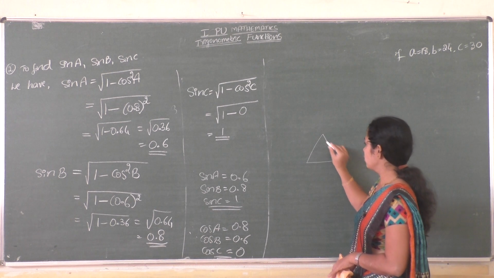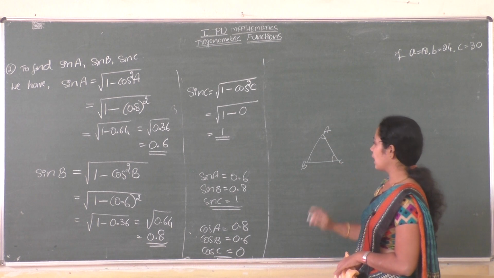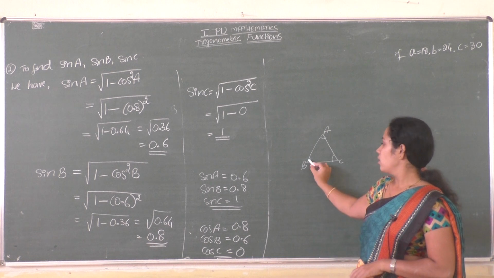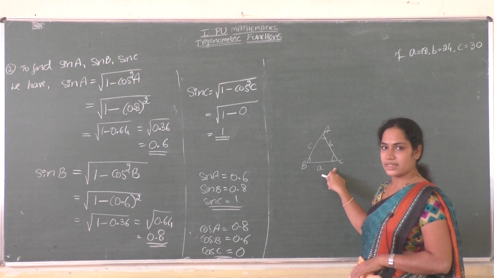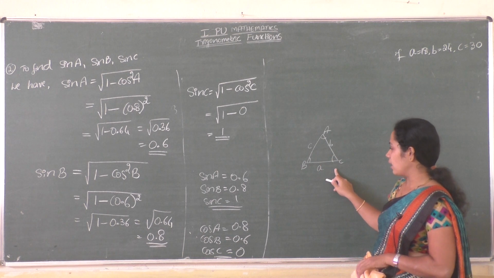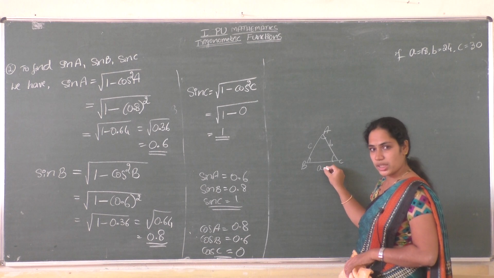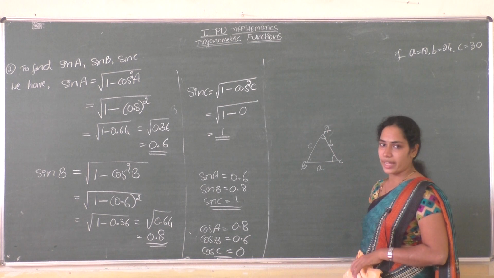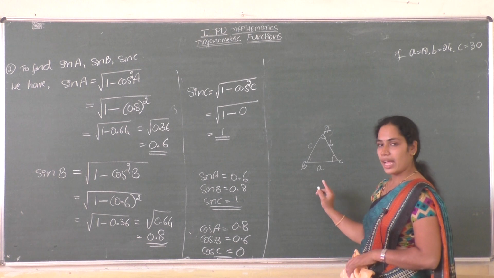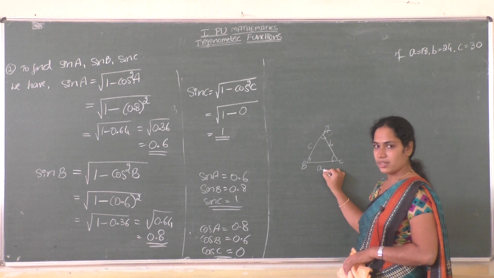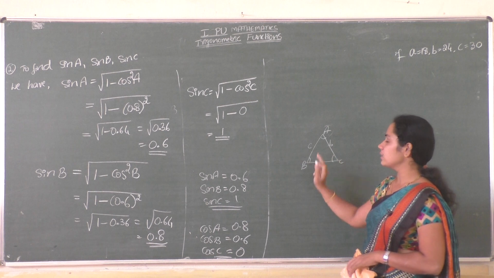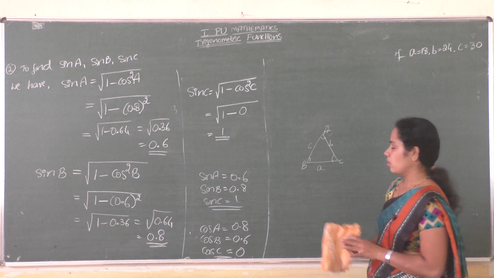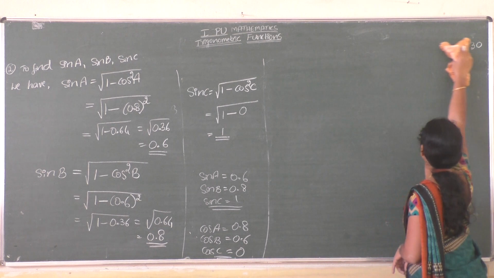Sine rule: if A, B, C are the angles of a triangle and a, b, c the opposite sides, then in any triangle, sides are proportional to the sines of the angles. That is, sin A by a is the same as sin B by b is the same as sin C by c. And one more is the cosine rule.